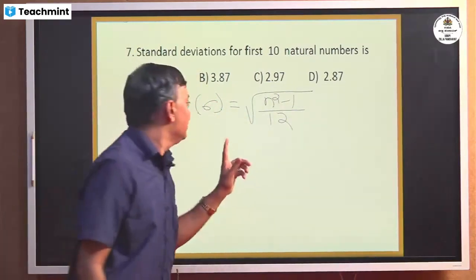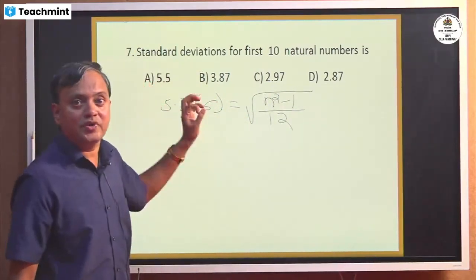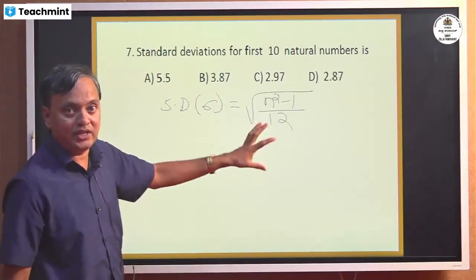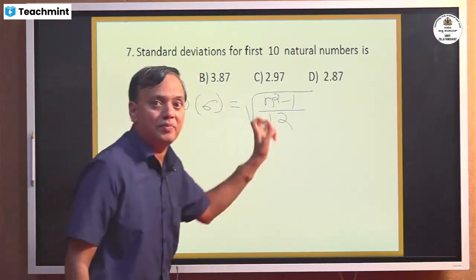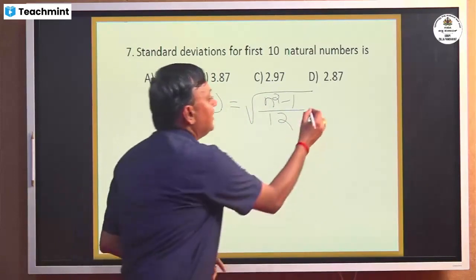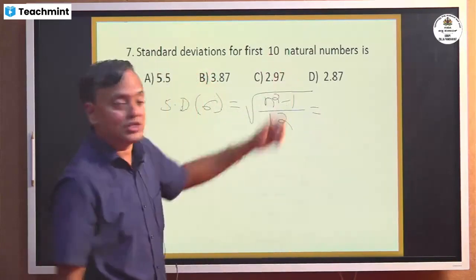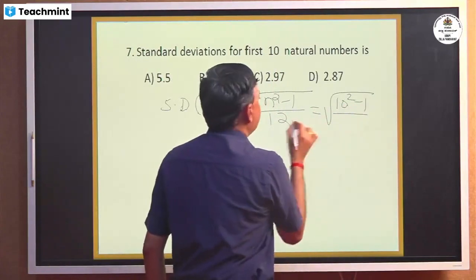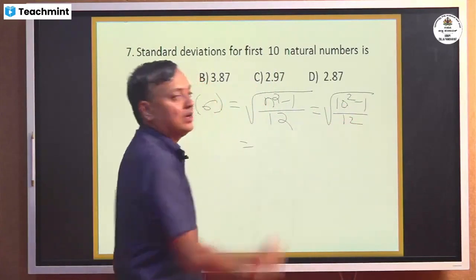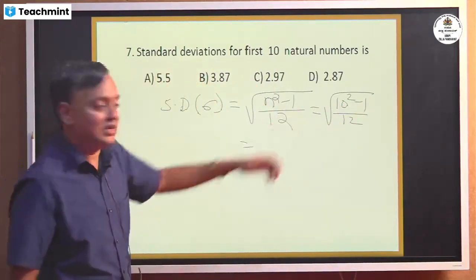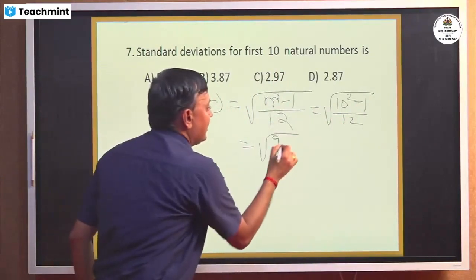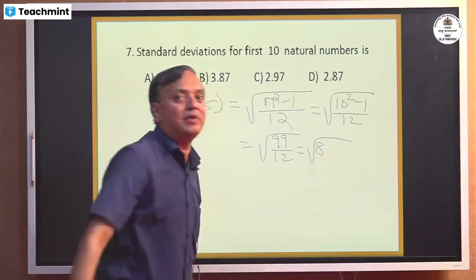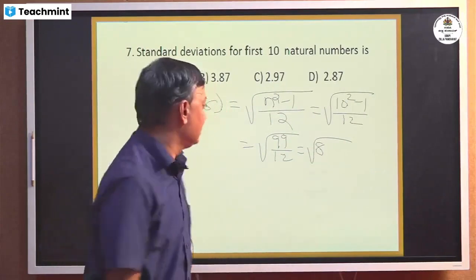Remember this result for CET, memorize it: root of n square minus 1 by 12. But here we want up to 10 natural numbers, put n equal to 10: 10 square minus 1 by 12, then 100 minus 1, root of 99 by 12, that is root of 8.25.